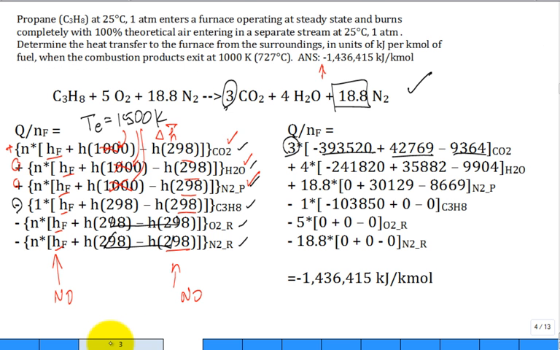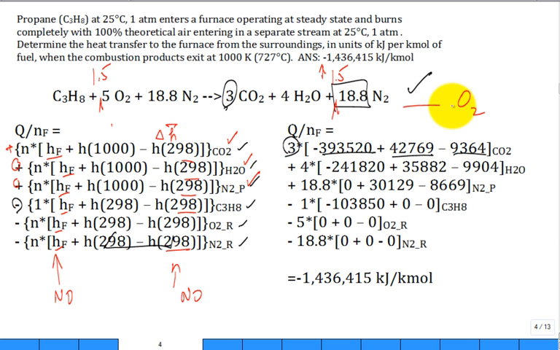How does the equation change if I leave this 1,500, or leave it 1,000, but I have more air? If I put a 1.5 there, this goes up 1.5, and I have some oxygen left over. So how is that going to affect it? You're going to change the coefficients, aren't you? You're going to change the coefficient.